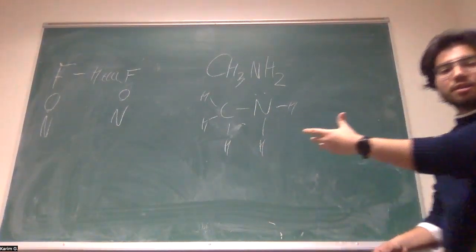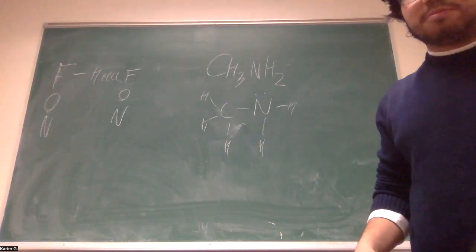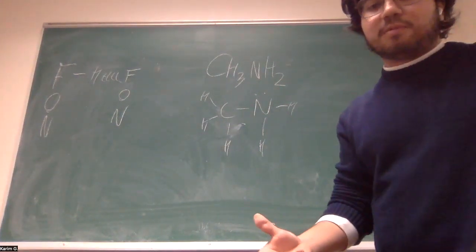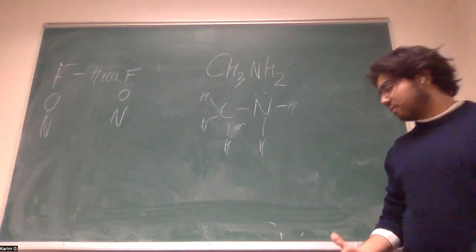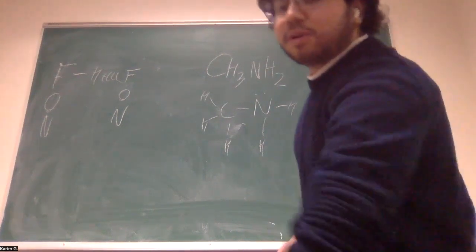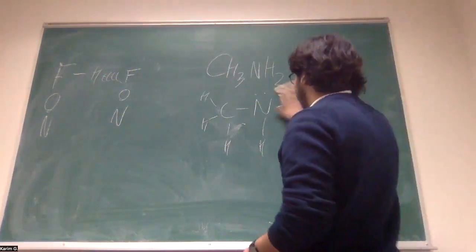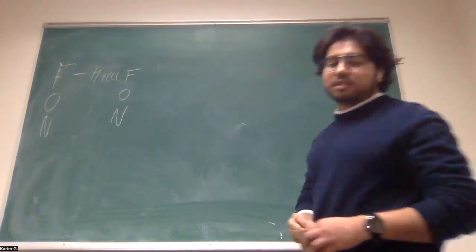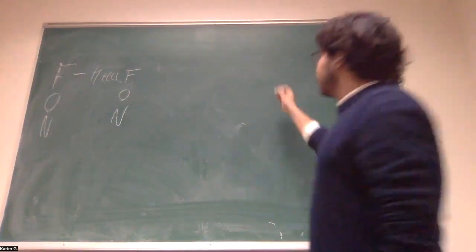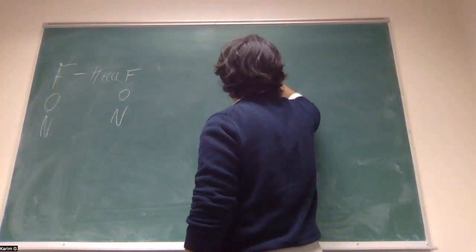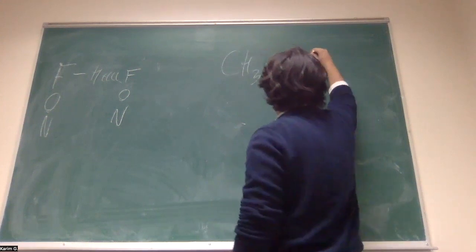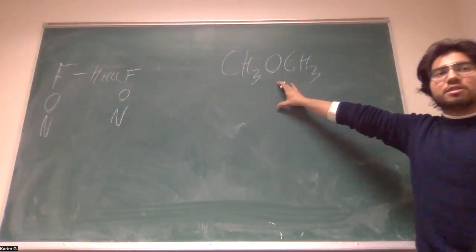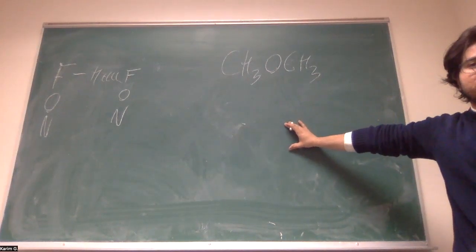Now, the other option that you could have picked is E, because you have oxygen in there. But the thing about E is that oxygen is not bonded to any H's. So you have CH3OCH3. This oxygen is not bonded to any H's, so there you can't have a hydrogen bond.